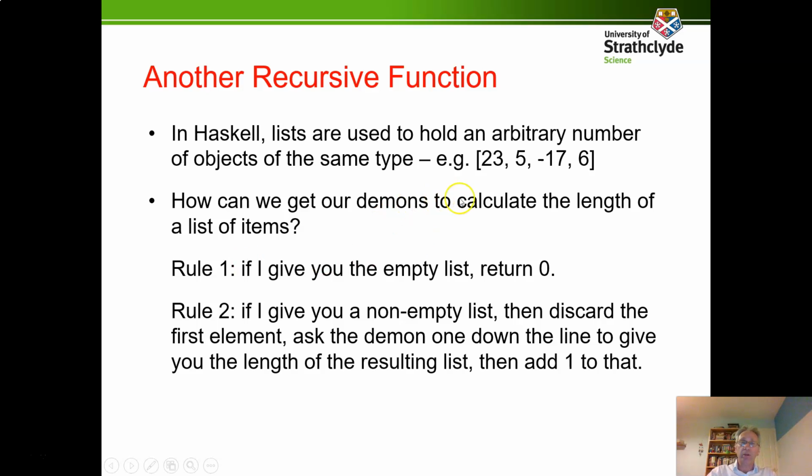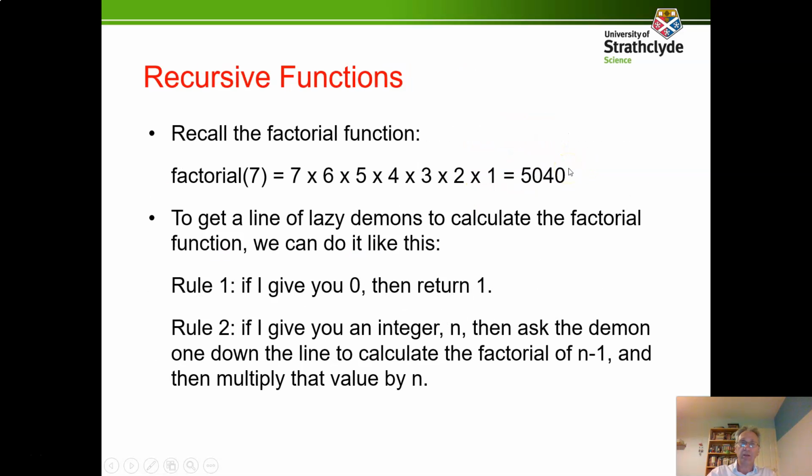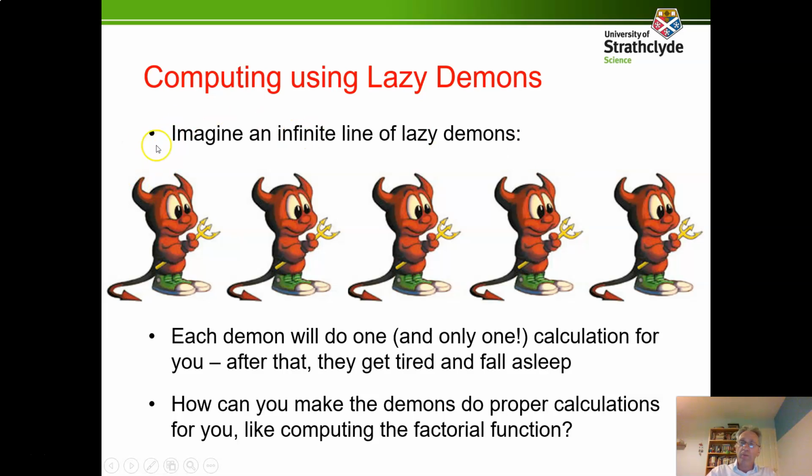So in other words, let's go back to our daemons and remember our list here: 23, 5, minus 17 and 6. We pass the list of length 4 to this guy. He takes the first one off and passes it to this guy. So there's now a list of length 3 here, then a list of length 2, then a list of length 1 to this guy, and he then passes the empty list to this chap here, who says, that's 0.